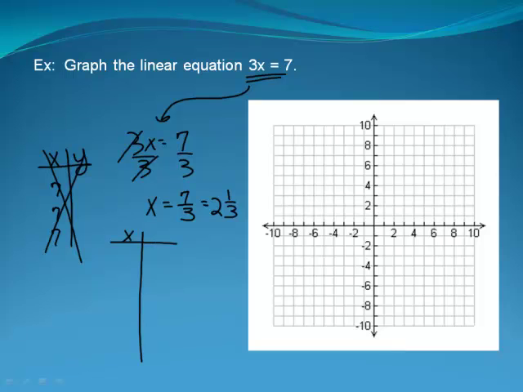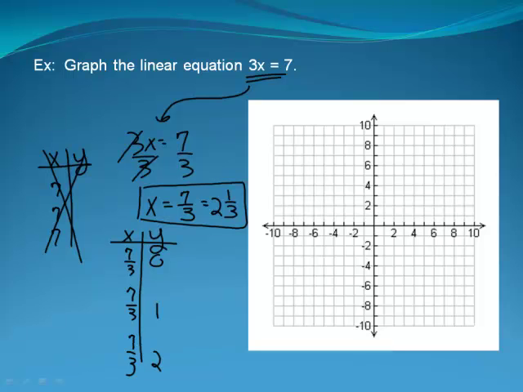Okay, now you can write your table. Here we know that x has to be 7/3. So put that in. X has to be 7/3 for all 3 points, or 2 1/3 if you like that better. Y, on the other hand, can be anything you want. So I'll just pick 0, 1, and 2.